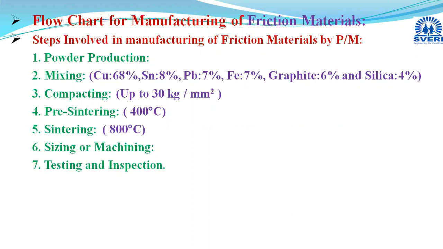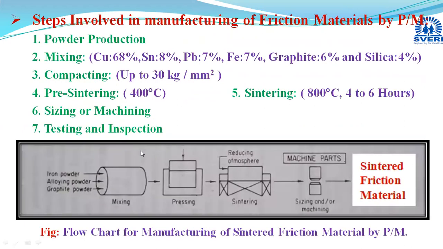That is done in the mixing stage only, and the uniform and homogeneous mixture obtained with the help of suitable mixing or blending devices is given to the next stage, that is the compacting stage.